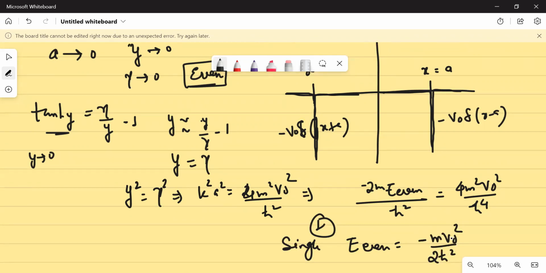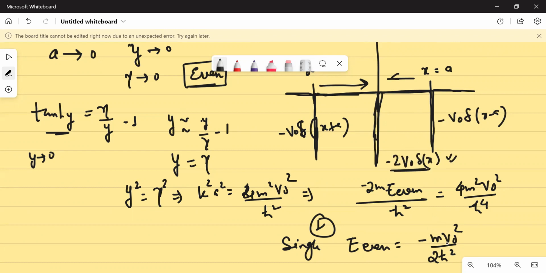If you remember, this was the energy of the bound state for a single Dirac delta potential. So you can see that if your a tends to 0, this will converge towards 0 only. So if your a tends to 0, what does it happen? It is actually like converging both these Dirac delta functions together at a point. Is that clear? So it is actually reducing it to this sort of Dirac delta function.